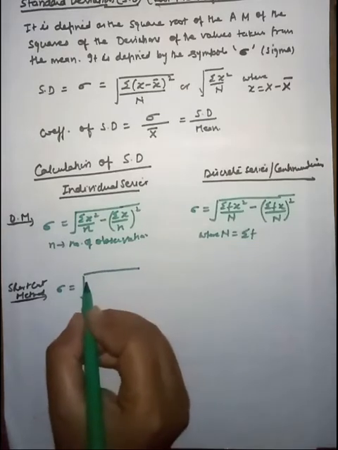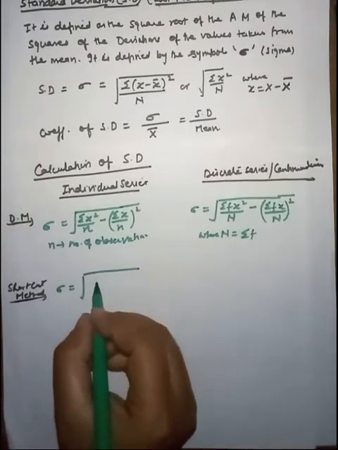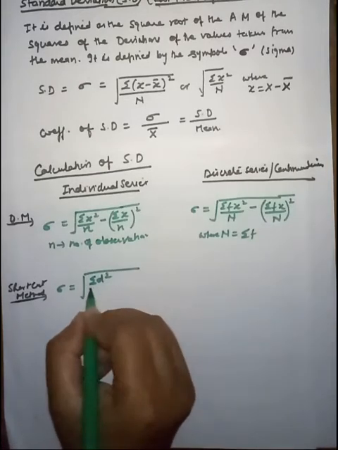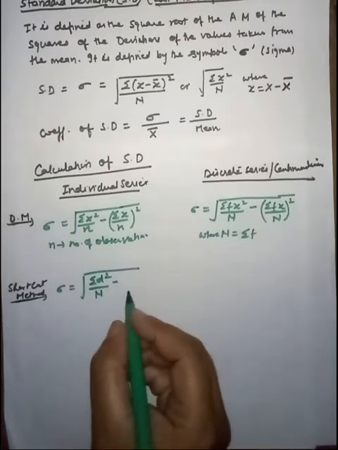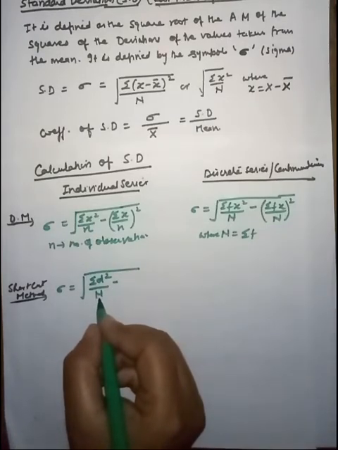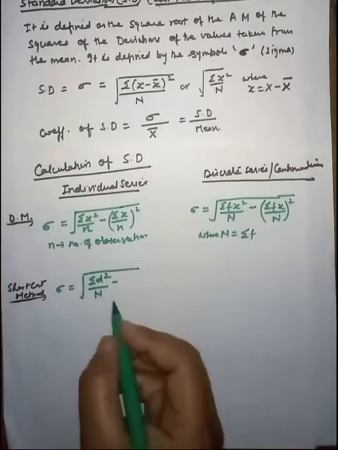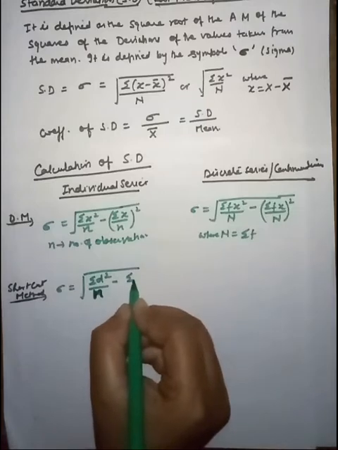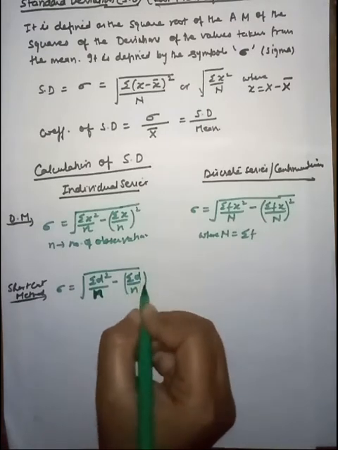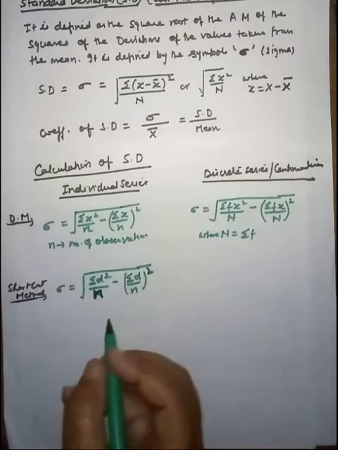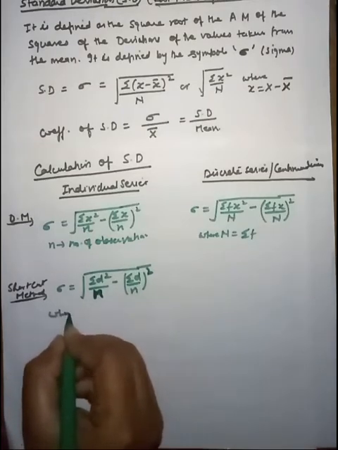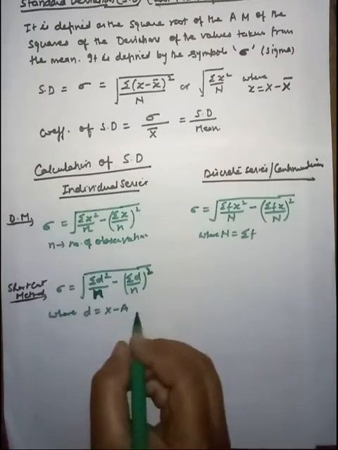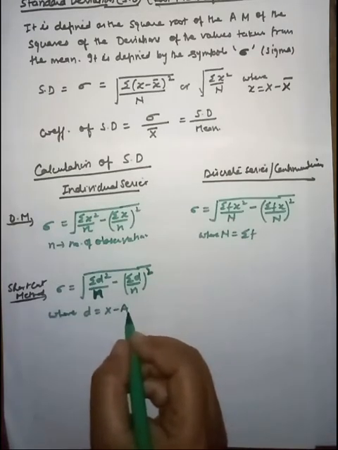The formula is sigma equals the square root of summation d square upon n minus summation d upon n whole square. You can take small n or capital N, both are the same, so here I take small n. Where d equals x minus A. What is A? A is your assumed mean.